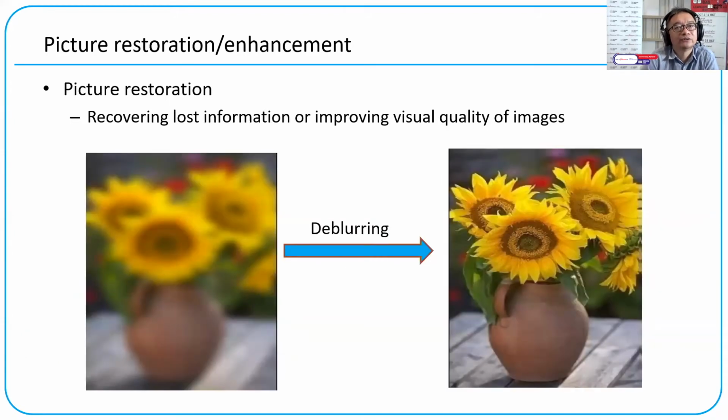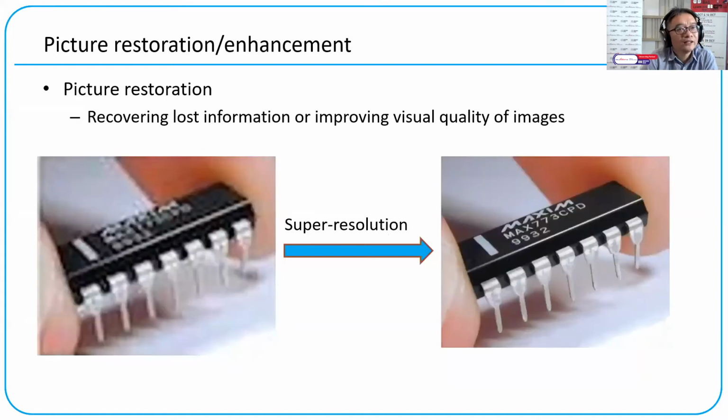The third one is deblur. Suppose you take a picture which matters to you, however it is blurred out. Can you recover a good one with all the sharp details? The last one is called super resolution. Basically, you have a picture whose resolution is low so that you can't recognize important details, like the code of this circuit.